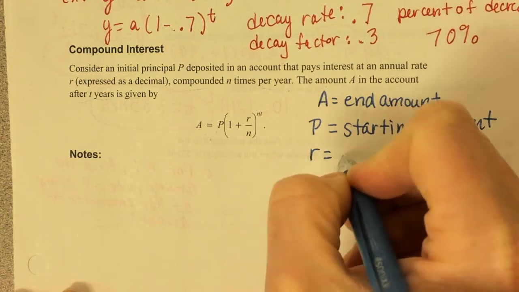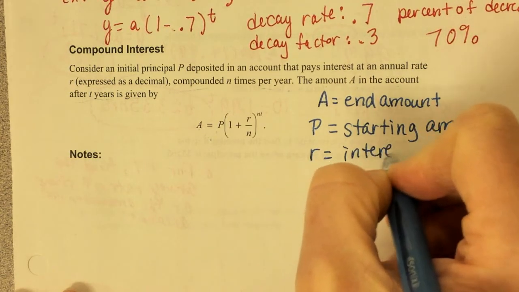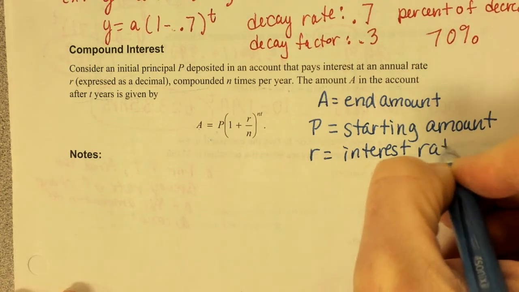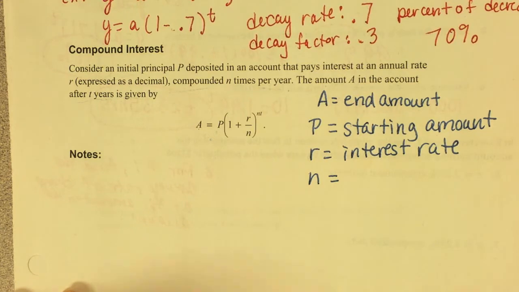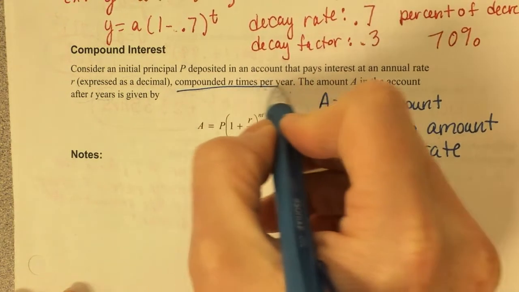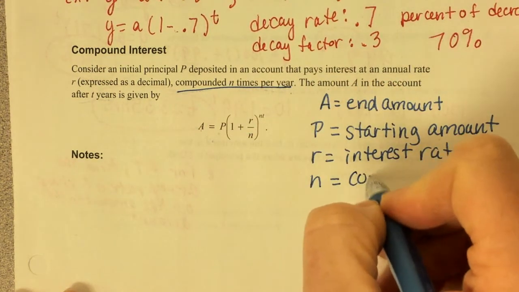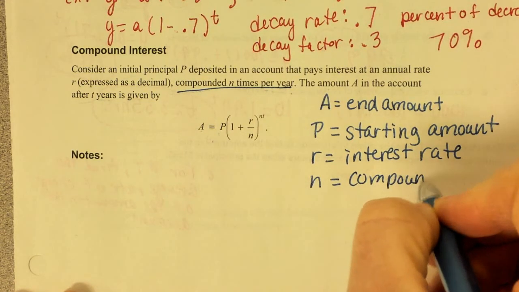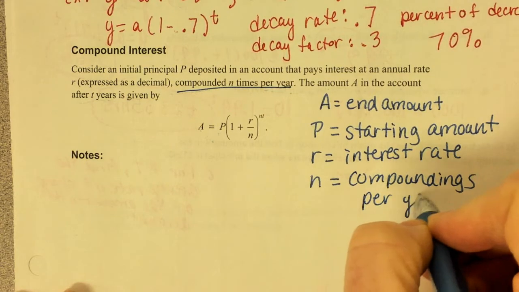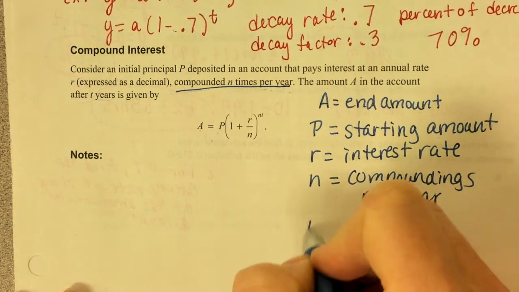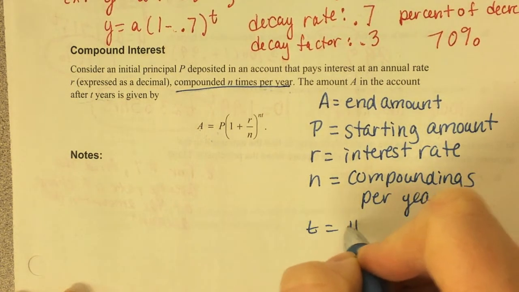R, of course, is that interest rate. N is the number of times it gets compounded. See what it says right here? Compoundings per year. And then T is the number of years.